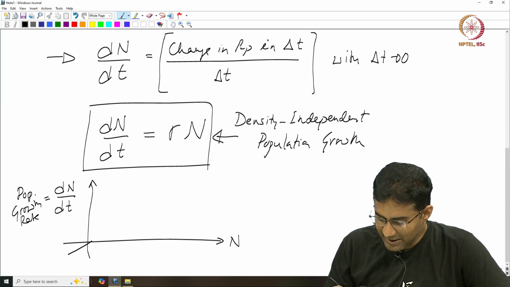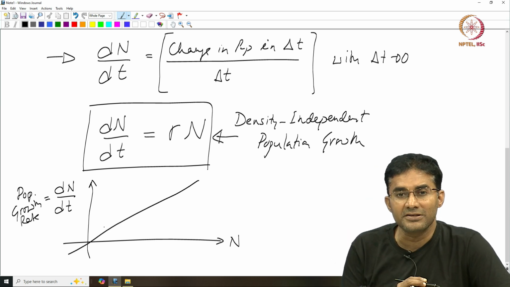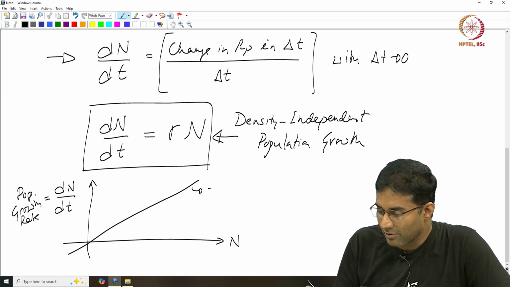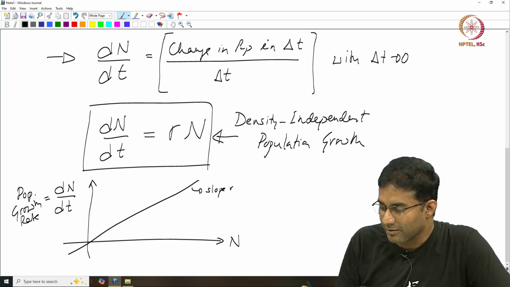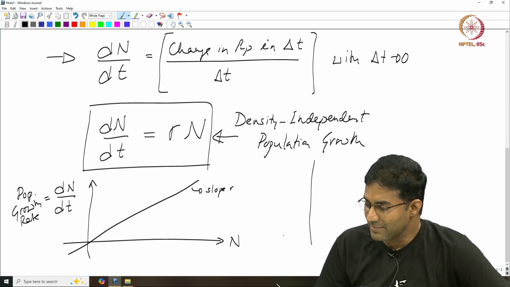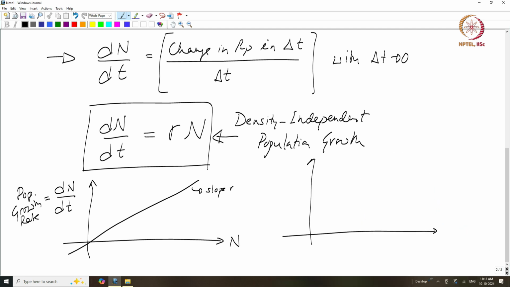That would be a straight line that passes through origin, okay, and with a slope of r. We can also write the same equation in a different way. If you were to choose the y axis as per capita growth rate. So, what is per capita growth rate? Per capita growth rate is growth rate divided by population size.